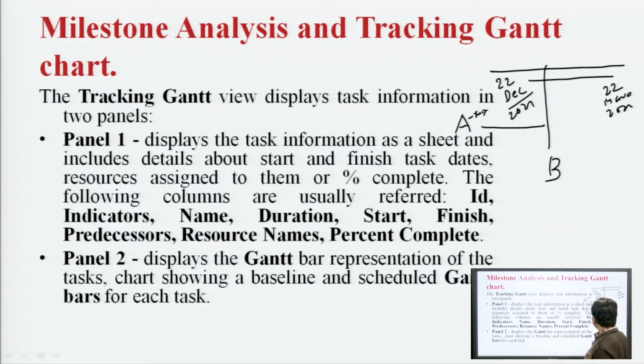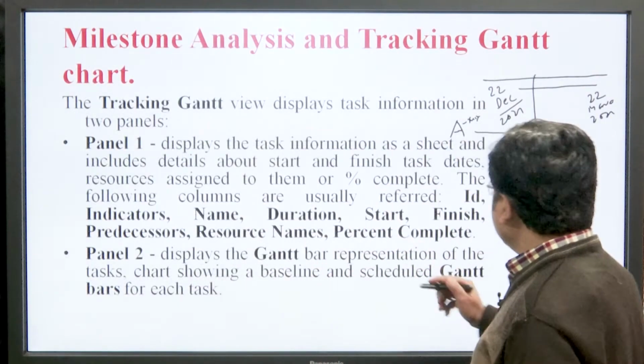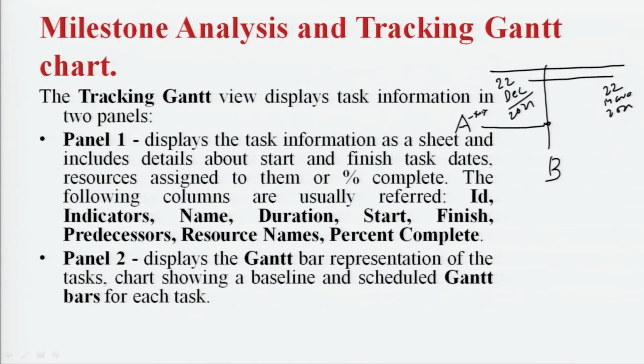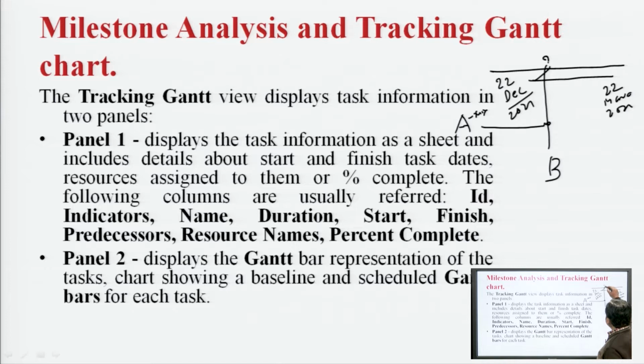B is a successor of A. Percentage of completion, and at what percentage of completion of A will B start, at 100% completion of A or 80% completion of A. It is also an important part to calculate: in this period of time, like 22nd of January, A must be completed at 100% level, only then we can start B. In some projects, A and B can be started together. So, this is the first panel.